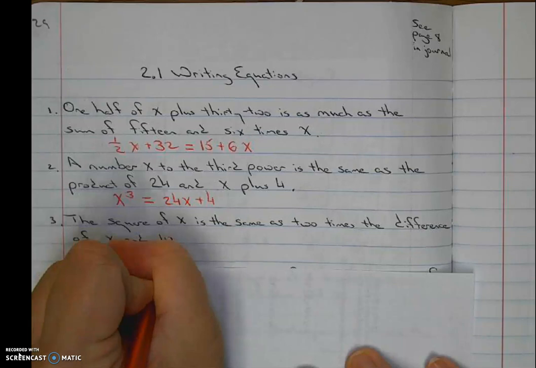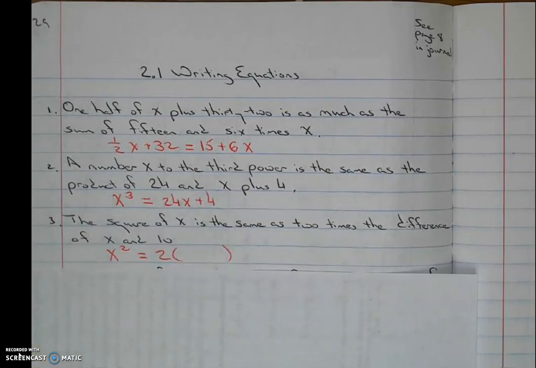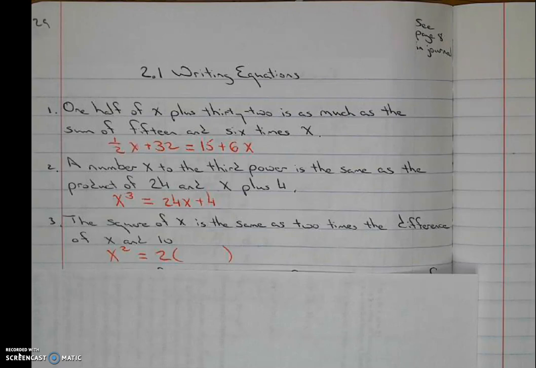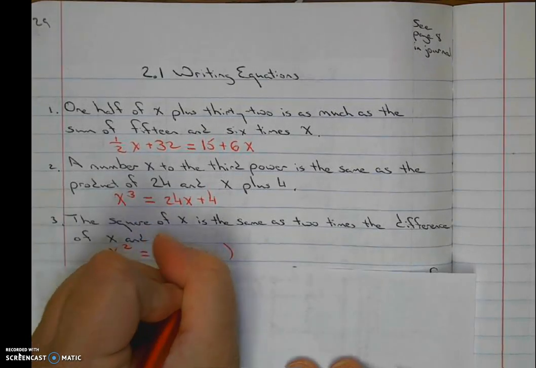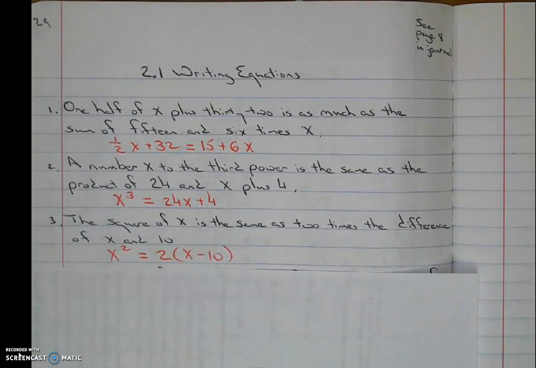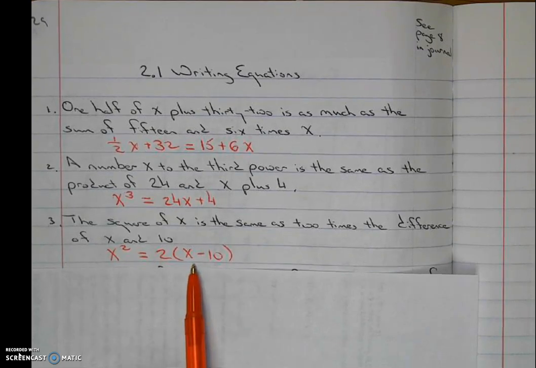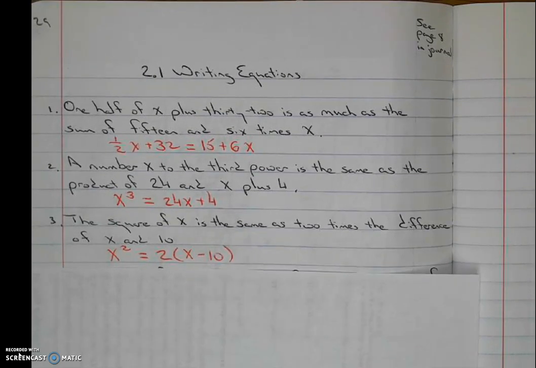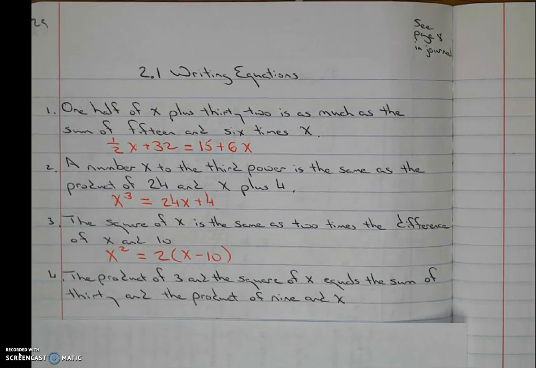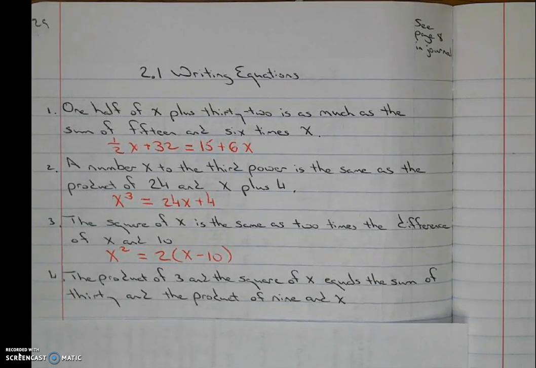I expect to have a 2 and then something is going to be in parentheses that will involve subtraction. As to what am I subtracting? It says the difference of x and 10. So I have to take my x minus 10. So notice I had to use the parentheses because it was 2 times that difference, 2 times what I did with this full subtraction. Go ahead and copy this next one, and then we'll come back.